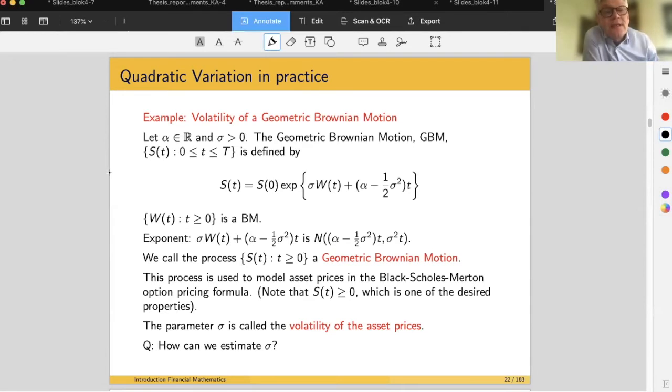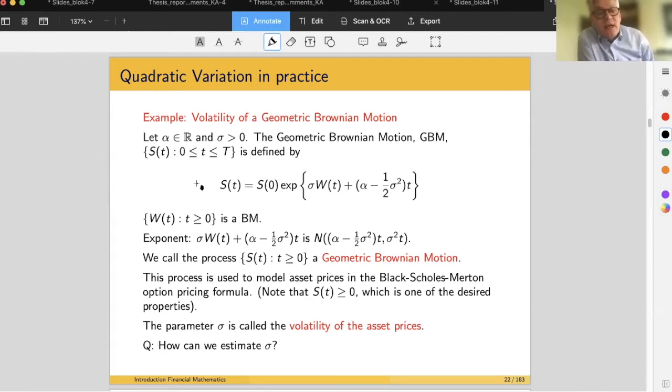Then the stock is defined as S(t) is equal to some initial value S0 times the exponential function exp of sigma W(t) plus (alpha minus 1/2 sigma squared) times t.